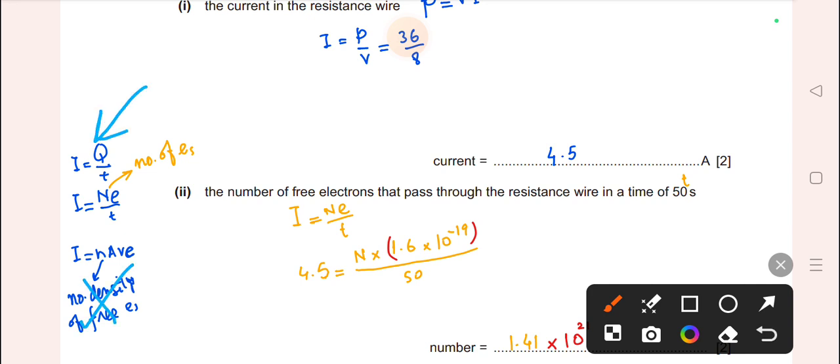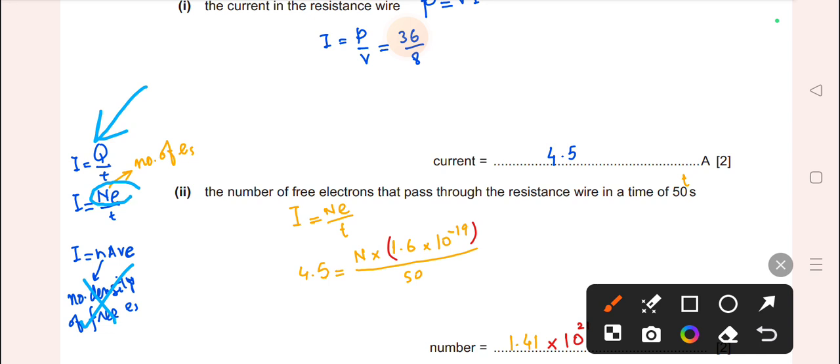Q is charge, and what is the total charge? As when we buy some chocolates from a store and we have to find the total cost, we multiply the number of chocolates with the cost of one chocolate. Similarly, the total charge is always equal to the number of electrons multiplied by the charge of one electron, that is the elementary charge.